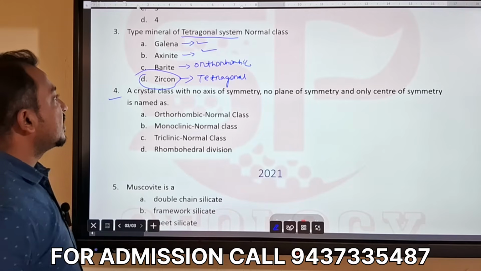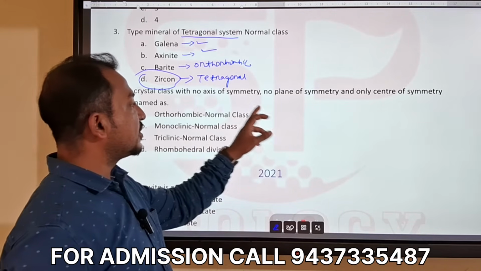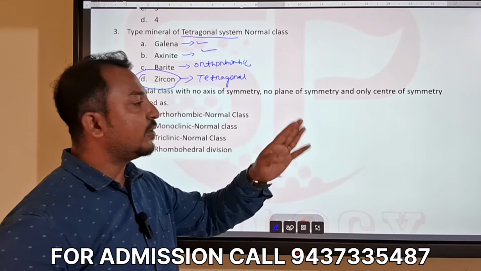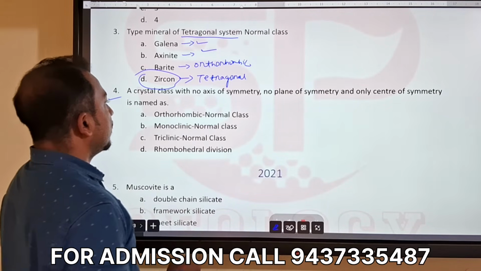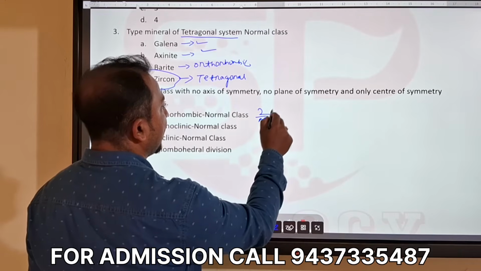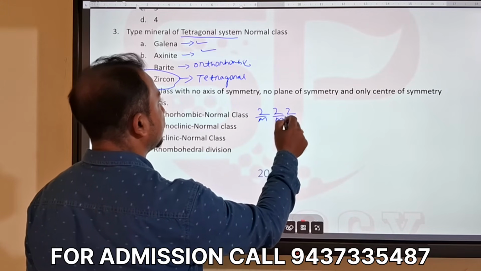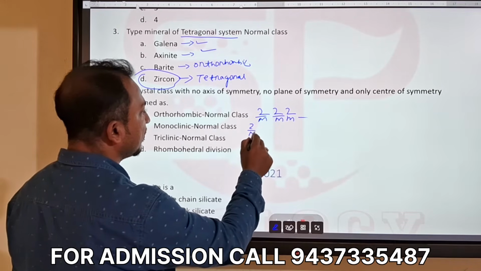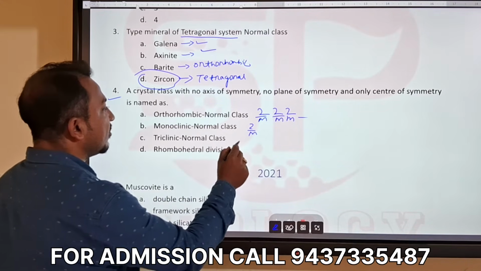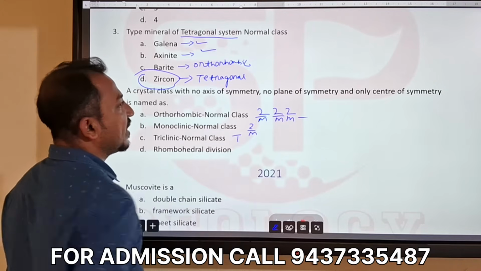The next question: a crystal with no axis of symmetry, no plane of symmetry, and only a center of symmetry is named as? So the orthorhombic normal class has the symbol 2/m 2/m 2/m. So there are mirror planes and a center of symmetry. Monoclinic has 2/m, it has a mirror plane and center of symmetry. Triclinic has 1 bar.